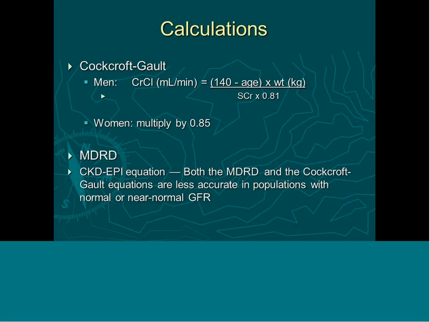Then we have the MDRD equation, and a modified MDRD equation. In the last few years we have the chronic kidney disease epidemiology collaboration equation. The Cockcroft-Gault equations are less accurate in populations with normal GFR.